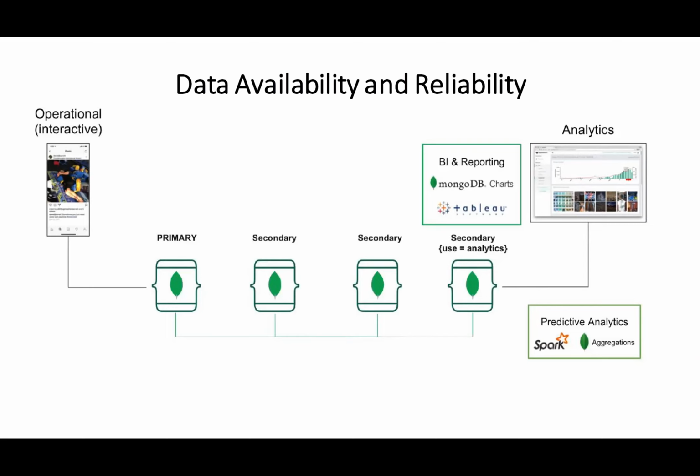Depending on your configuration, the transaction logs are shipped from the primary replica to the secondary replicas. Ship from here to here, from here to here, from here to here.